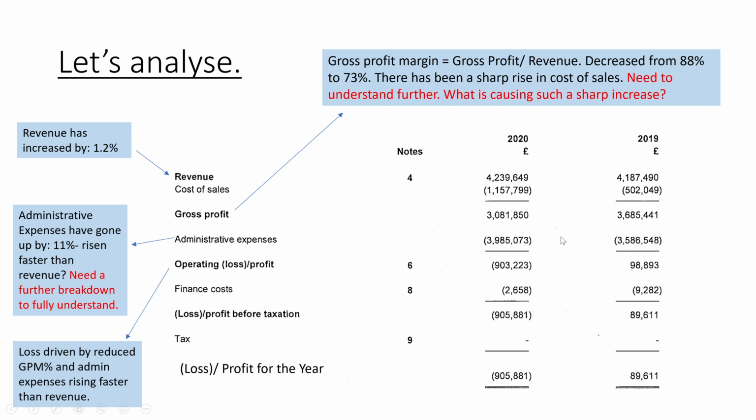And admin expenses have risen faster than revenue, okay? I think finance costs are a bit negligible, they're below 10k, so I don't really care too much about them. And the company doesn't seem to be paying any tax. Historically, that seems to be the case anyway. And as you can see, the performance appears to be worse than last year because it's making a loss.